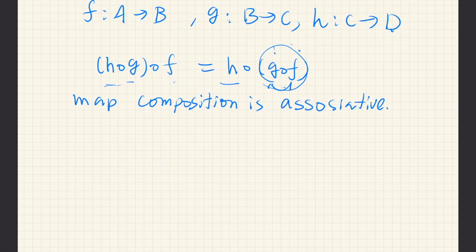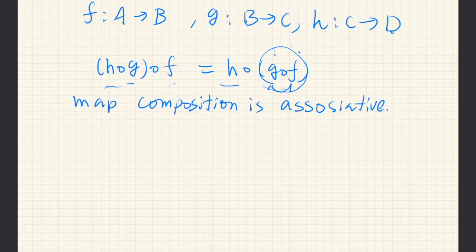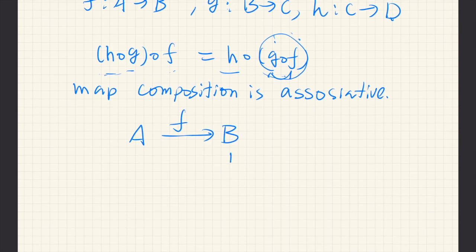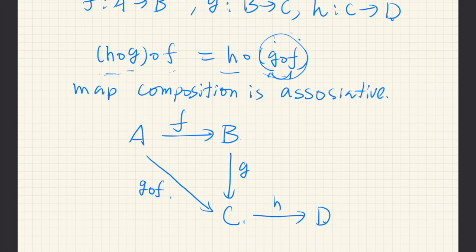So graphically, diagrammatically, we can express this fact as this. First, we apply f from A to B, and we apply g from B to C, and we apply h from C to D. Okay, then we can compose g after f here, g after f, and we can compose h after g here, h after g.